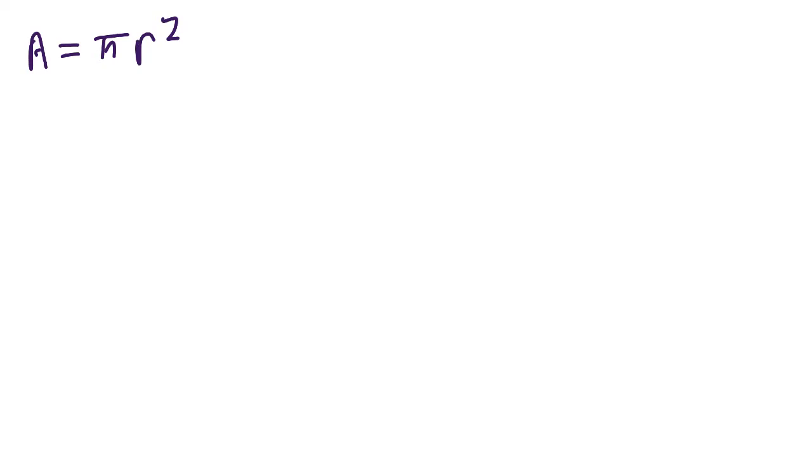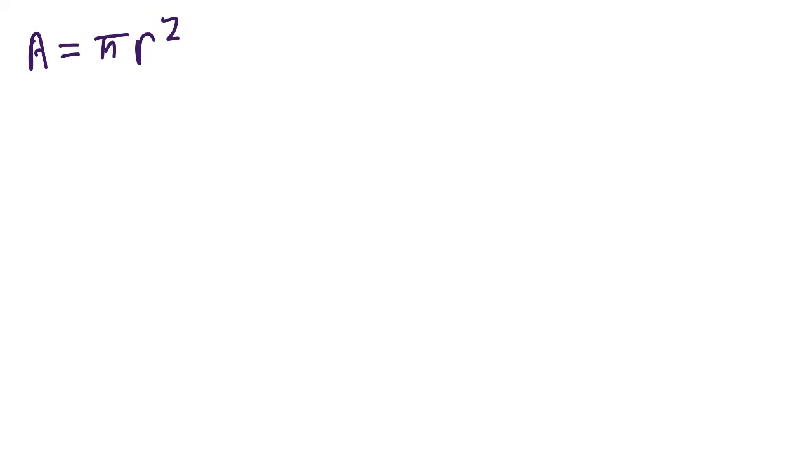And what we're going to do is take the derivative with respect to time. So it's going to be very similar to when we did implicit, the derivative of y with respect to x. Here we're going to do the derivative with respect to time.